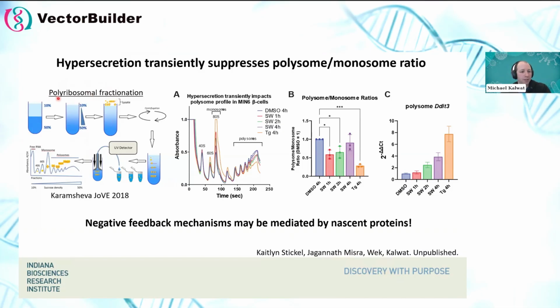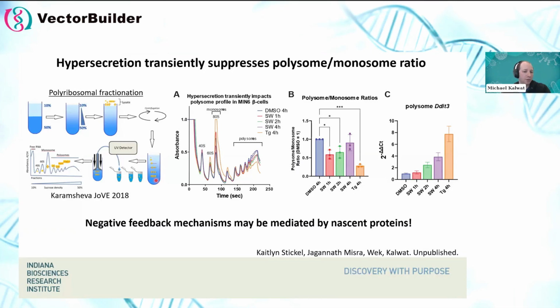So what you do in this assay is you treat your cells with your time course and your drugs, and you lyse the cells in sucrose, and you layer them onto this sucrose gradient. You centrifuge them, it fractionates them by size, and mRNAs that are bound to more ribosomes are heavier. They're going to precipitate further down into the gradient.